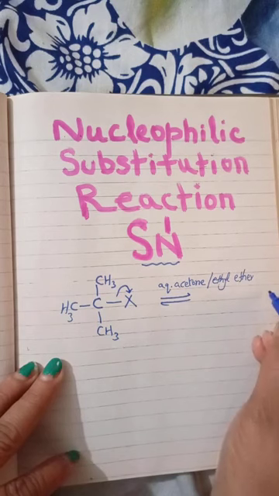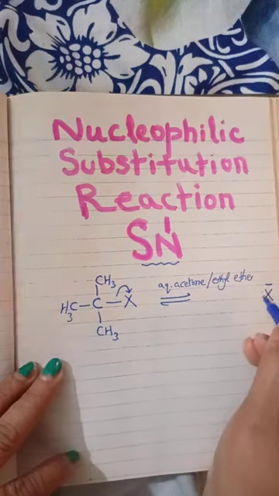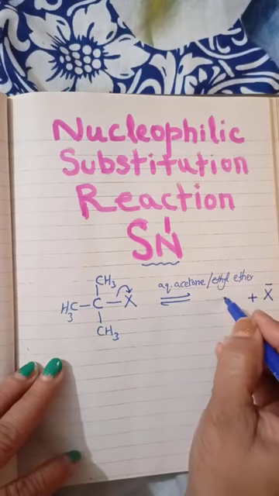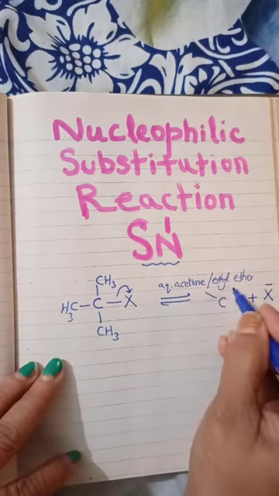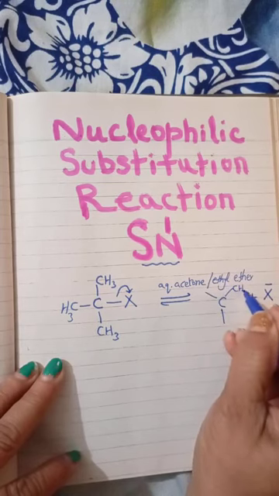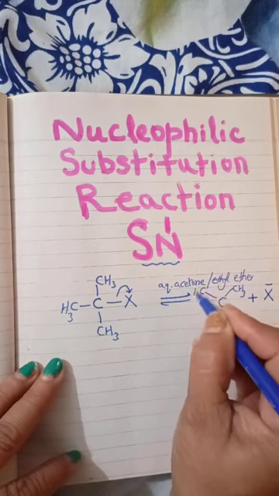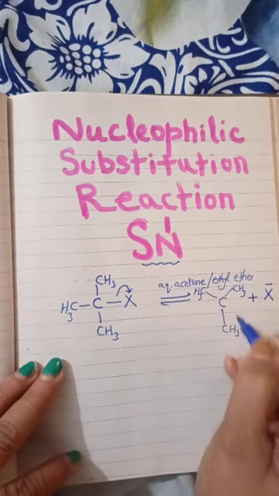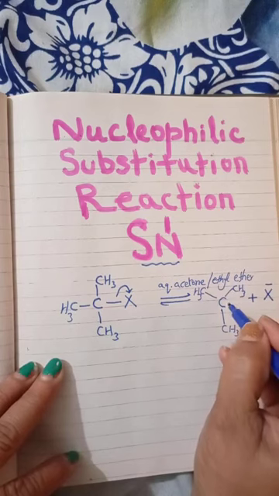So the halogen is left as a halide ion, and we get a carbocation in this way. A planar structure is formed, CH3, CH3 and CH3, and the deficiency of the carbon is denoted by a plus sign.